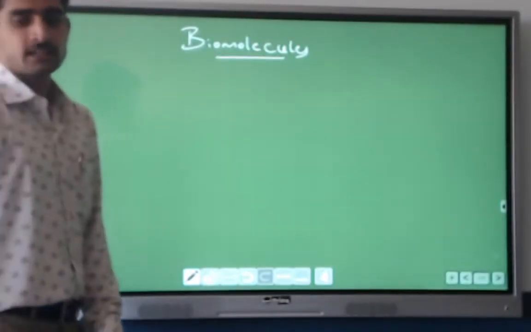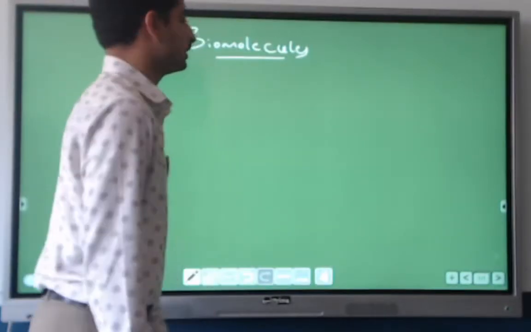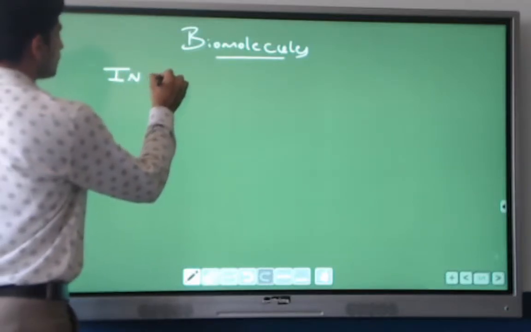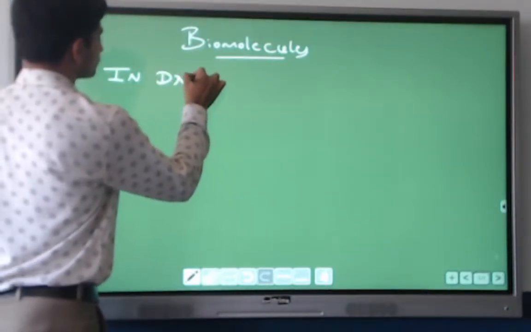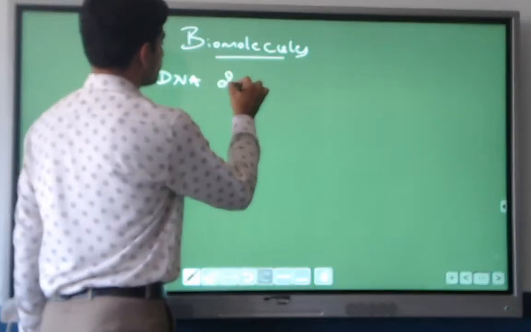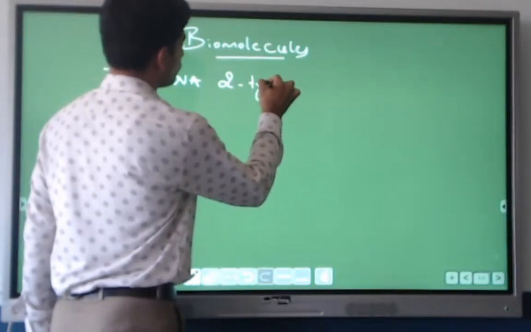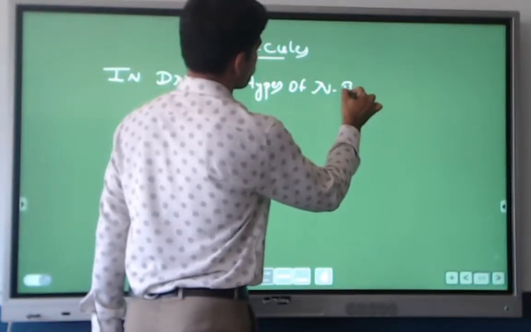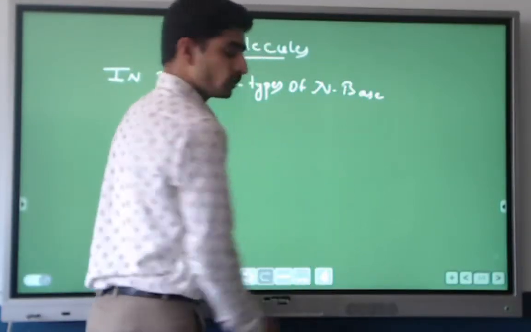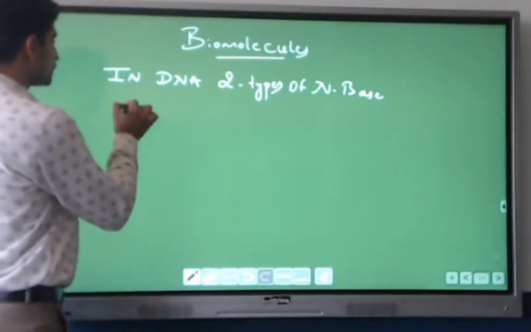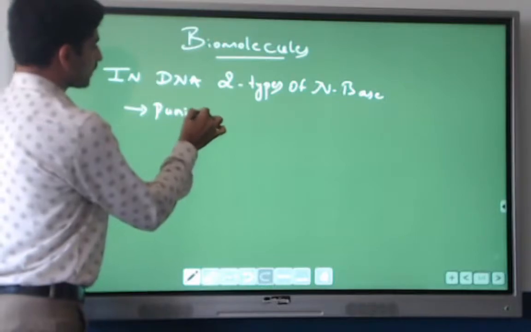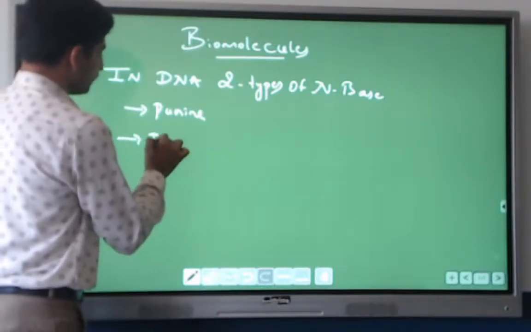So, we need to understand one important concept right here. In DNA, two types of nitrogen bases we are going to observe. One is purine and the second one is pyrimidine.